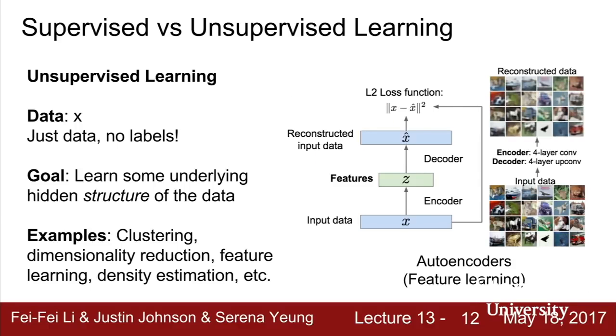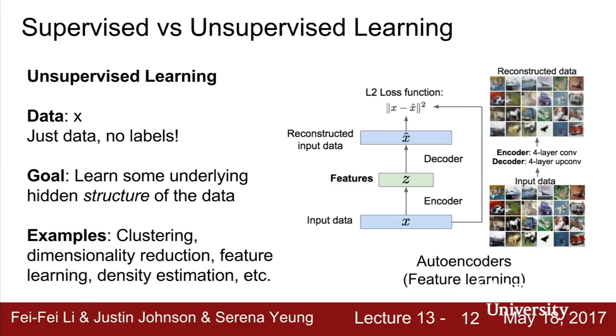Another example of unsupervised learning is learning feature representations for data. We've seen how to do this in supervised ways before, where we use the supervised loss, for example, classification. We have a classification label, we have something like a softmax loss, and we can train a neural network where we can interpret our activations, for example, our FC7 layer, as some kind of feature representation for the data.